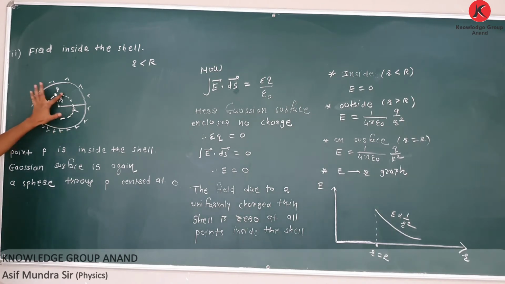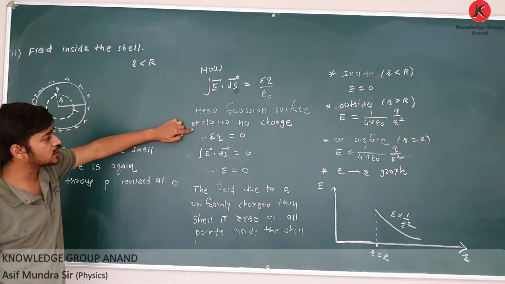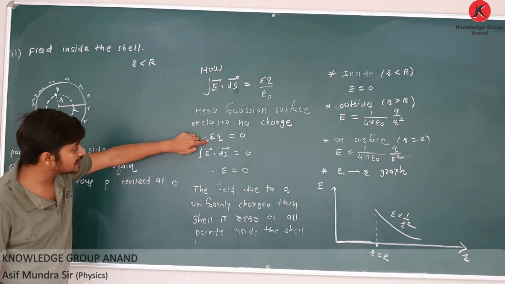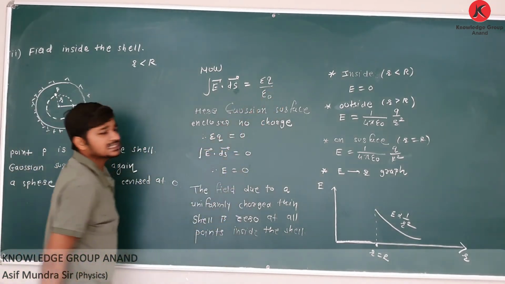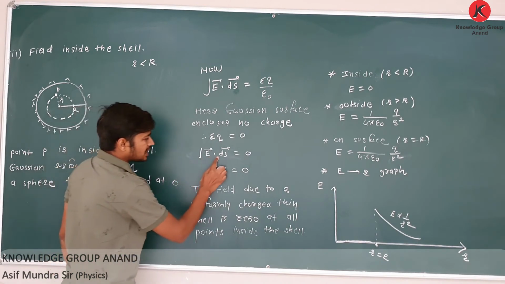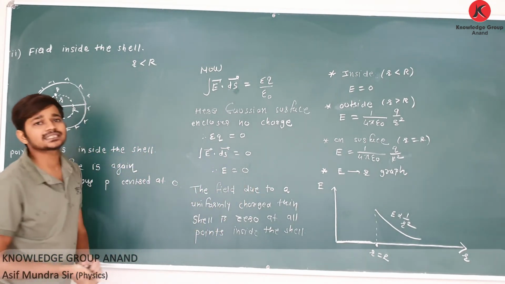So no charge is enclosed by this Gaussian surface. Means sigma Q is equal to 0. Sigma Q 0 means right hand side 0. Then integration E dot dS is equal to 0. Then electric field is 0.